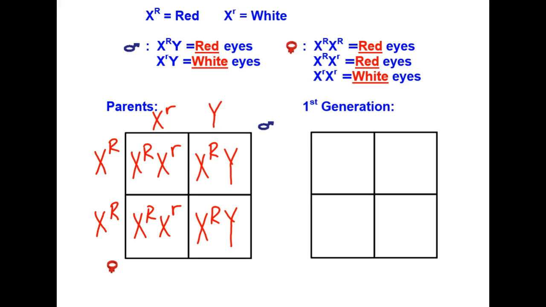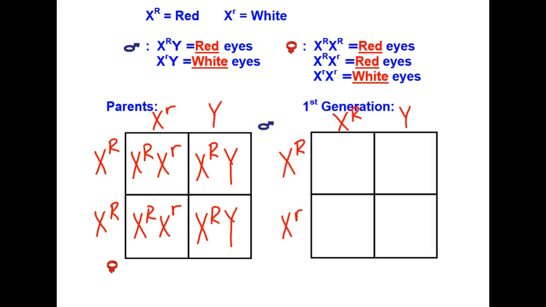This would be the F1 generation. Now the F1 generation reproduces, and what do we get? Well, we had 50% males that were X big R Y, and 50% females that were X big R X little r.